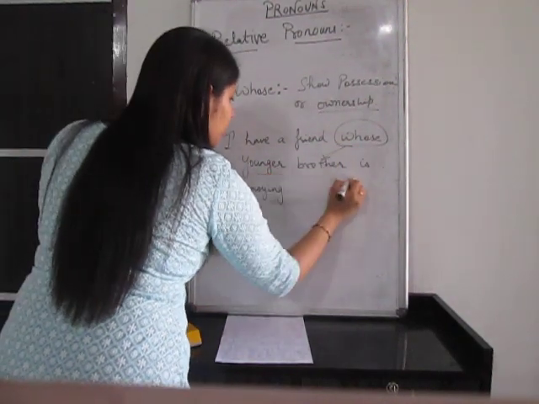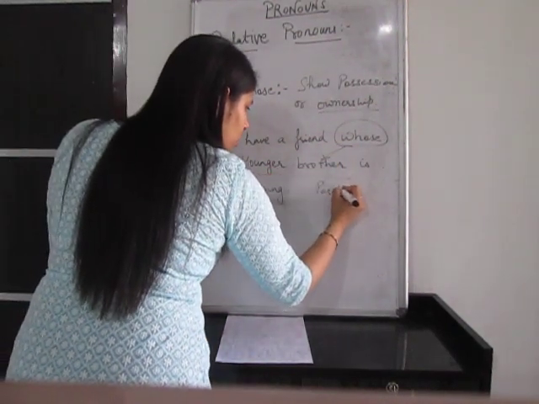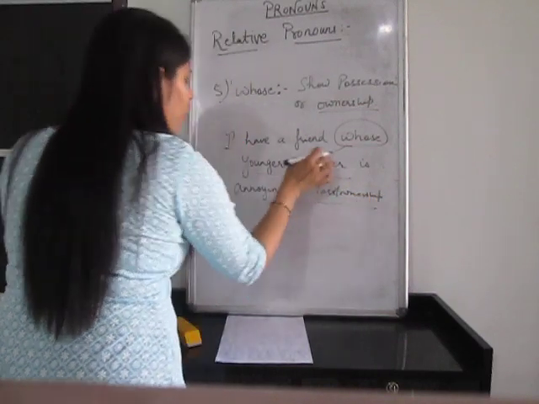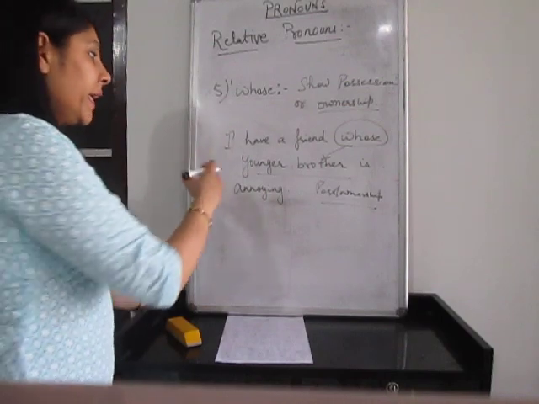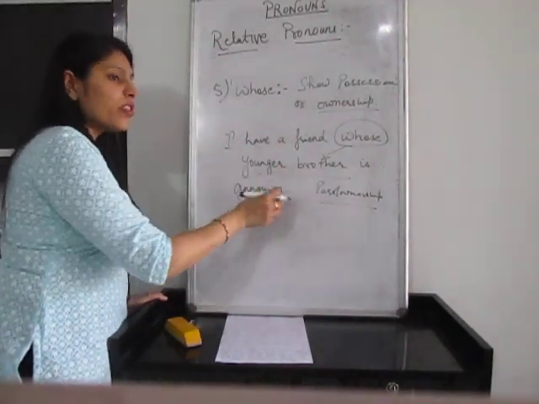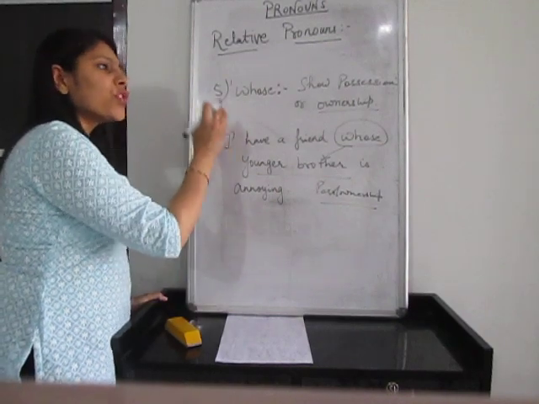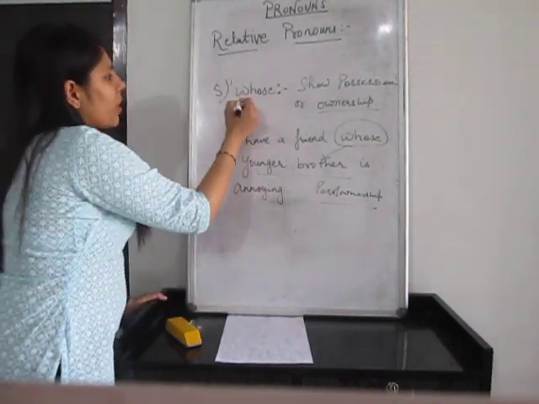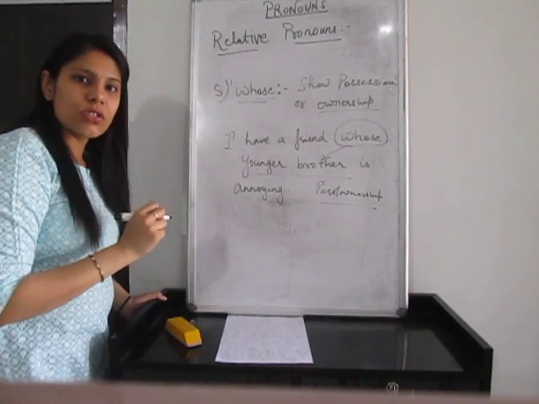It is possession or ownership of my friend, his younger brother. Whose younger brother? My friend's younger brother is annoying. So when we talk about possession or ownership, we use the relative pronoun whose.